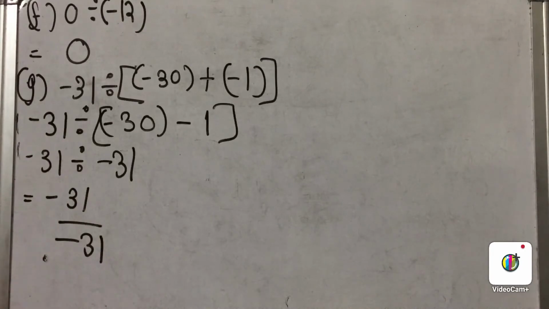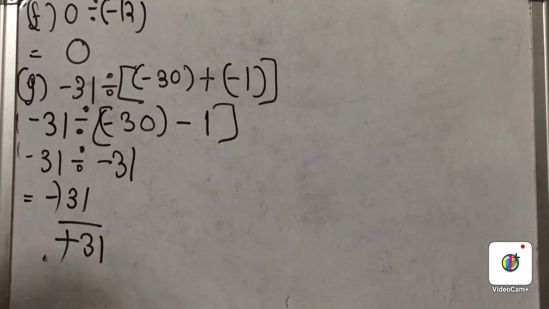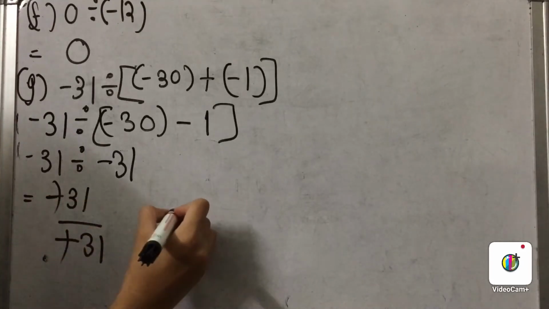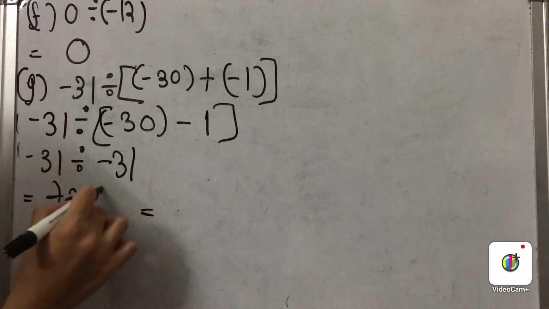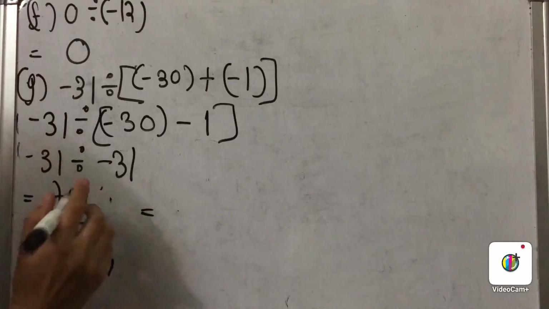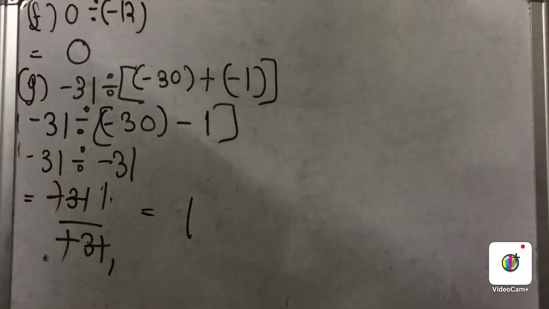So now it is very easy to solve this question. Minus is cancelled with minus, or you can say that 2 negatives make a positive. So the integer will be in plus, and 31 ones are 31. So the answer will be 1. So this was our part number G.